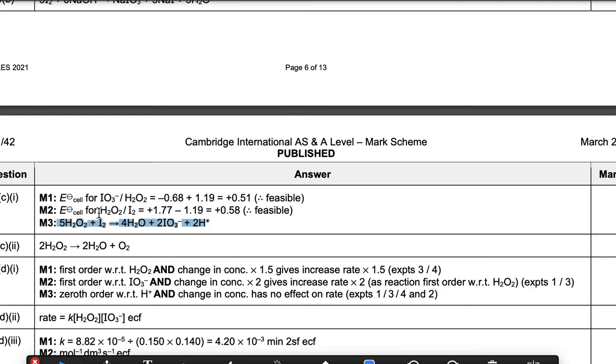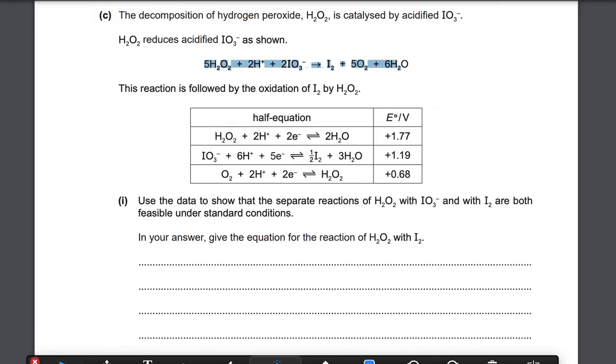Let me see if I can copy it. Okay, yes we can. So it's 5H2O2, right? What we do is we cancel them. But we can't cancel them because they are in the same direction, they're both in the reactants, so we can't cancel 5H2O and 5H2O.